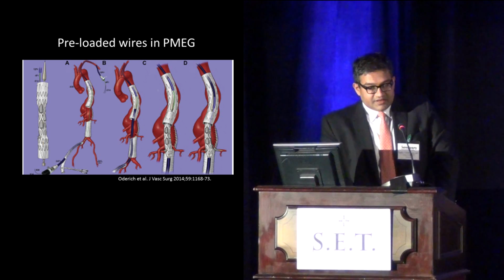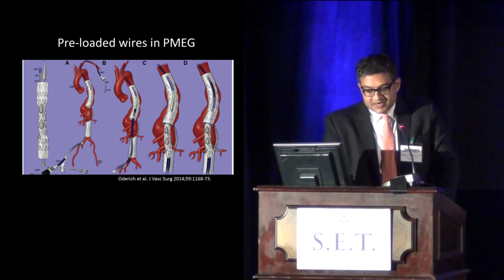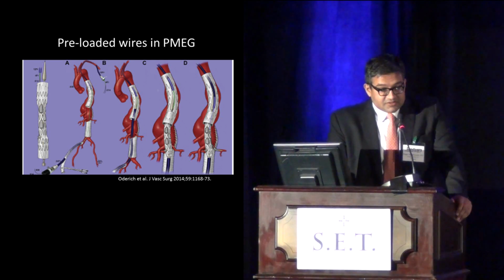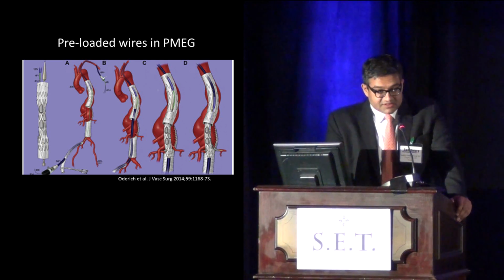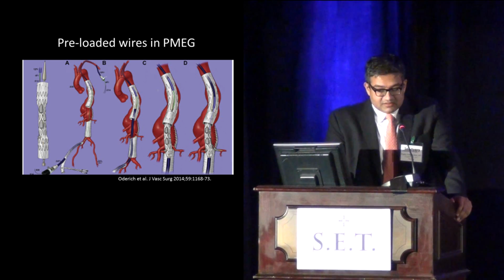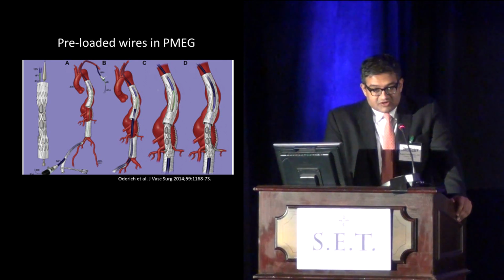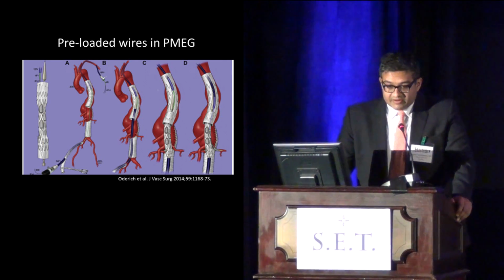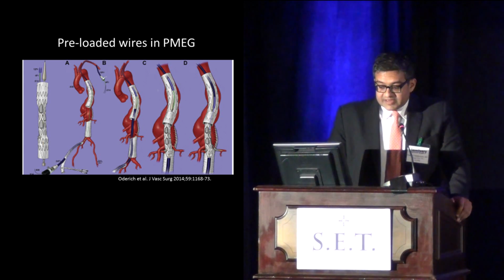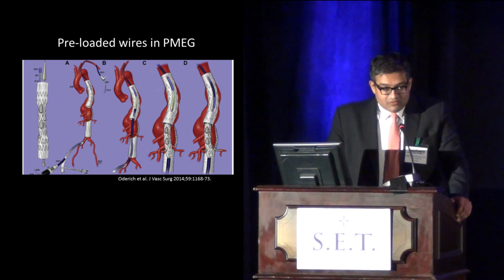Preloaded wires are something that's available in the P-branch device and has been utilized to allow earlier sheath access and hold a sheath in place to allow ease of visceral vessel cannulation during these cases. There have also been descriptions. This is a diagram from one of Dr. Oderich's from Mayo Clinic's use with physician-modified endografts, utilizing brachial access for having preloaded wires.